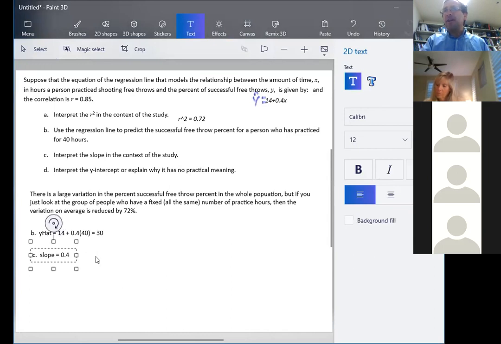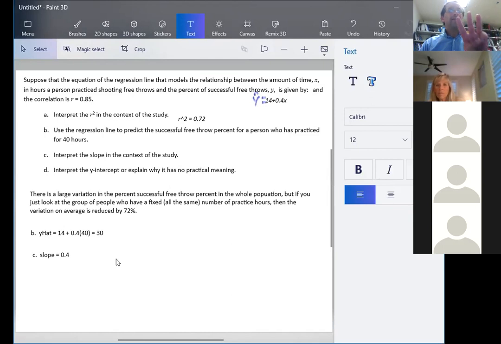Now the next question I have is, what is the slope in terms of some words that you might have learned in your last algebra class? When you think of slope, what words do you use to describe slope? Three words, that's a hint. Everyone knows it.